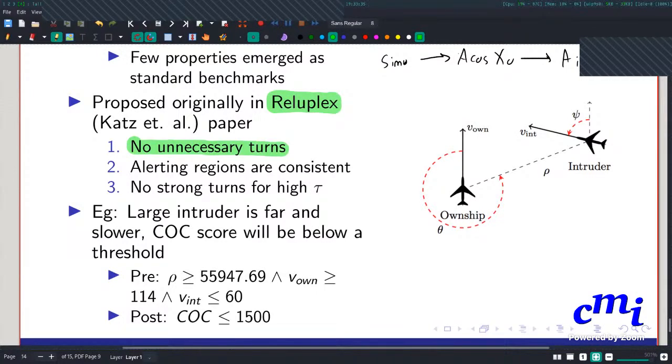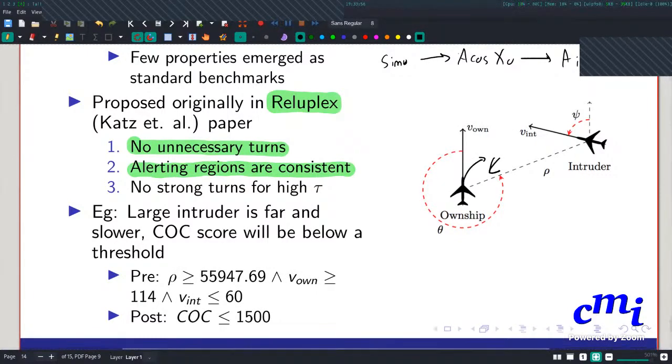So under some situations where things are obviously safe, the answer should always be clear of conflict. Then, it should also make sure that there is some consistency, in the sense that if your aircraft is right here, and the enemy aircraft is right here, then you shouldn't ask it to turn to the right. You should always make sure that in this situation, you're asking to turn to the left.